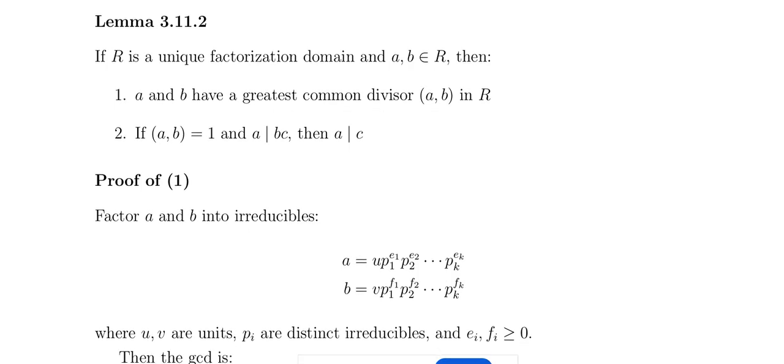And another lemma: let R be a unique factorization domain, a, b belong to R, then a and b have the greatest common divisor. If gcd of a, b equals 1, that is, a and b are relatively prime, and a divides bc, then a divides c.